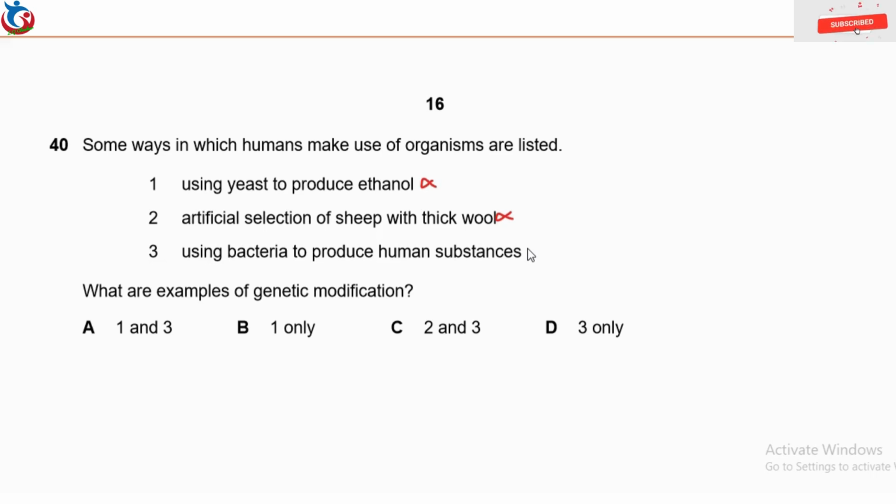Using bacteria to produce human substances is a genetic modification. So what are examples of genetic modification? Yeast to produce ethanol is a natural process. Artificial selection of sheep is an artificial process, but using bacteria to produce human substances involves genetic modification. So the only correct option here is option D, which is 3 only.